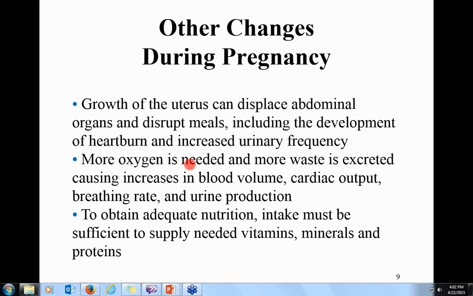You're also going to need more oxygen. More waste is produced and secreted. Increases in blood volume, cardiac output, breathing, urine production. And of course, you need adequate nutrition, and you need to increase your vitamin, mineral, and other nutrient uptake.